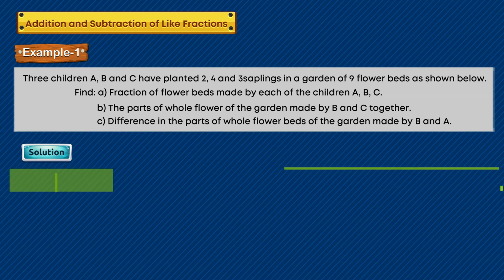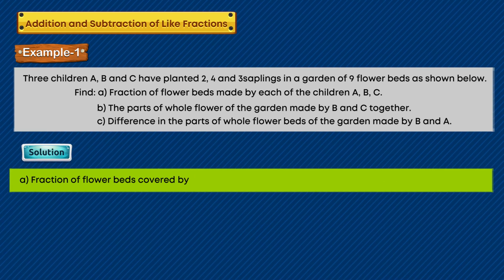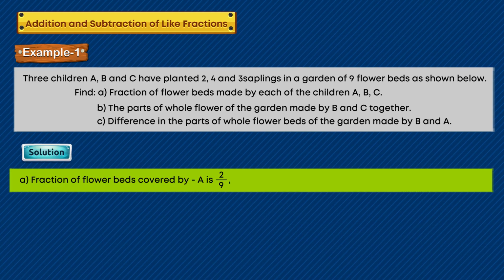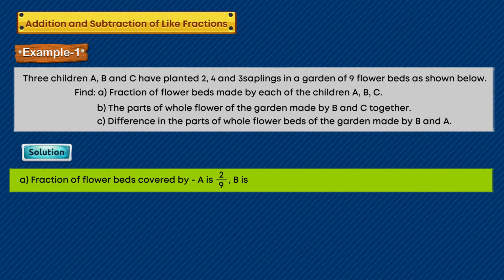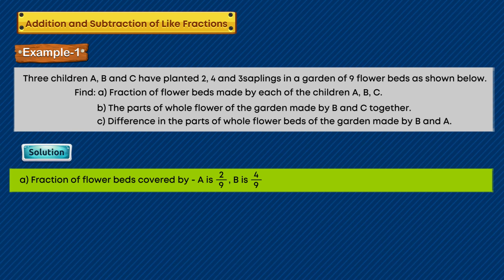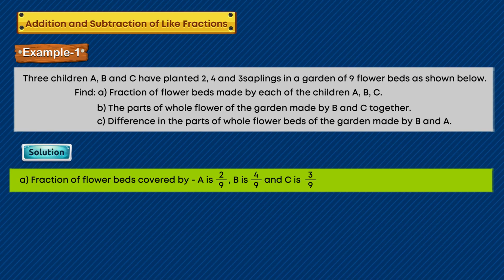Solution. A. Fraction of flower beds covered by A is 2 by 9. B is 4 by 9. C is 3 by 9.